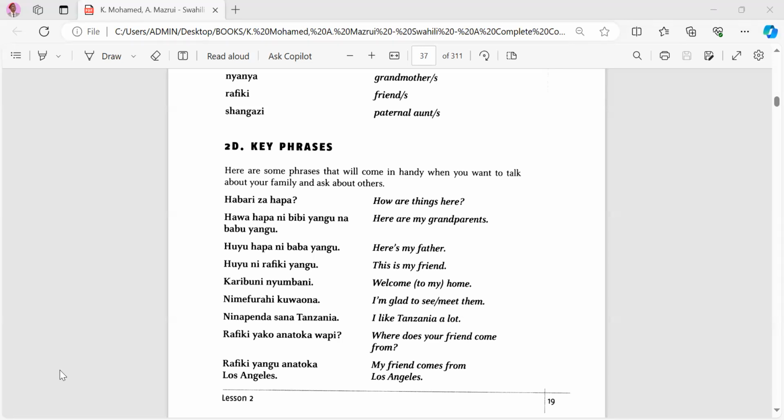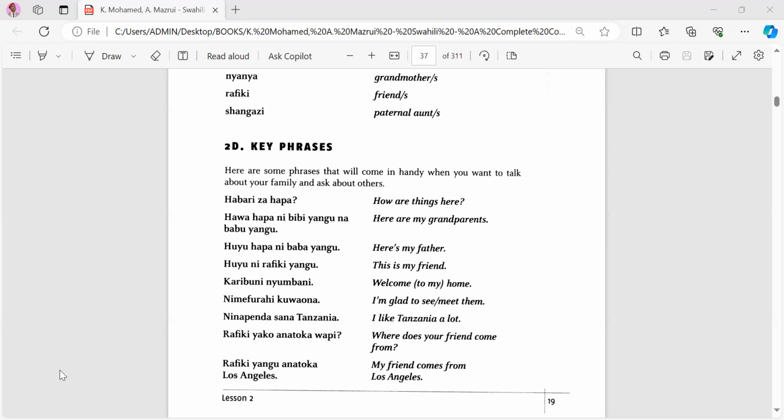Huyu hapa ni baba yangu. I have a question. Hawa hapa and huyu hapa both mean here is or here. Hawa is plural, huyu is singular. So that's why I say hawa hapa.